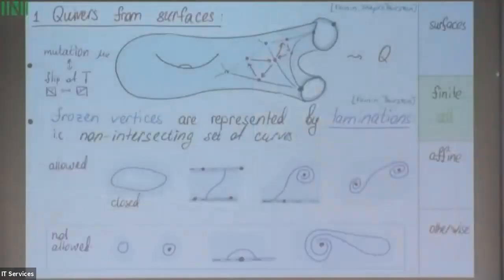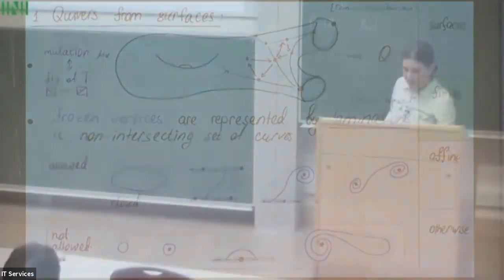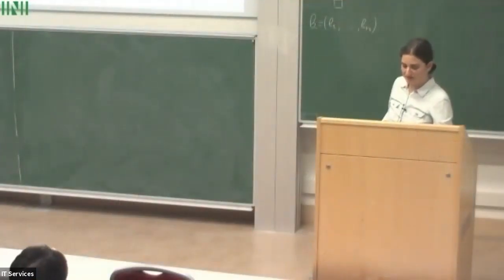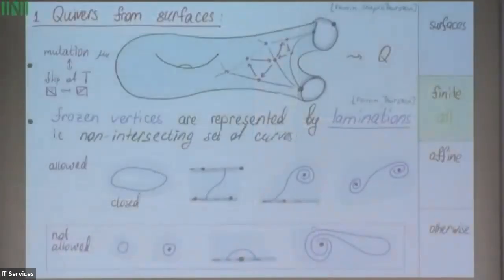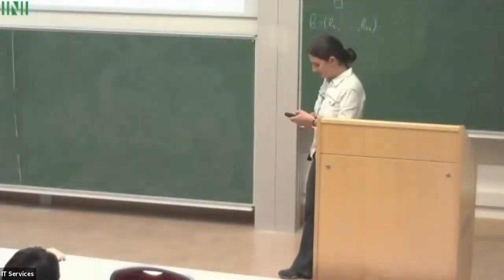What we don't allow are curves which can be contracted to a point, or contracted to a boundary point, or if the two ends spiral into one and the same puncture in the same direction. We are not allowing this to be a trivial curve.